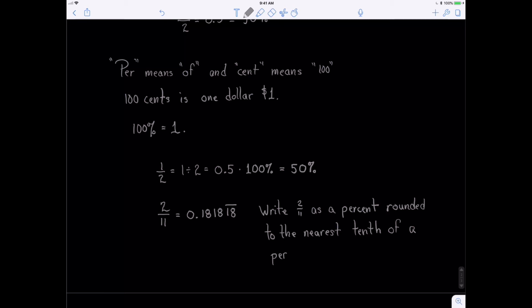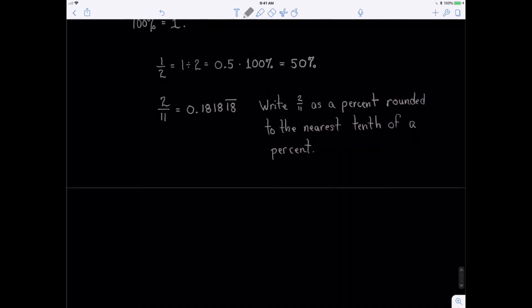So not rounded to the nearest 1/10, but 1/10 of a percent. The easiest way I find to do this is first change 2/11 to a percentage and then round it to the nearest 1/10 of a percent. So let's try this.